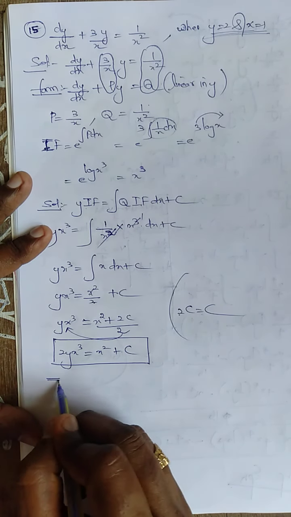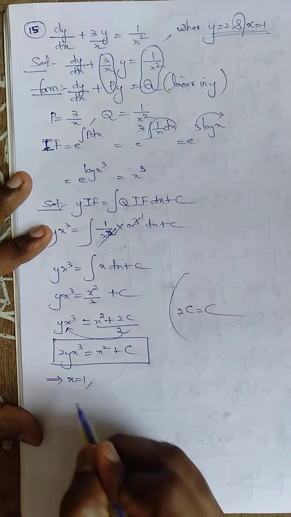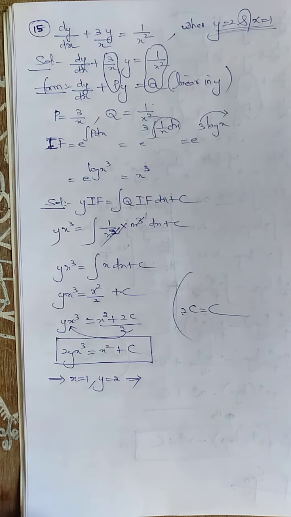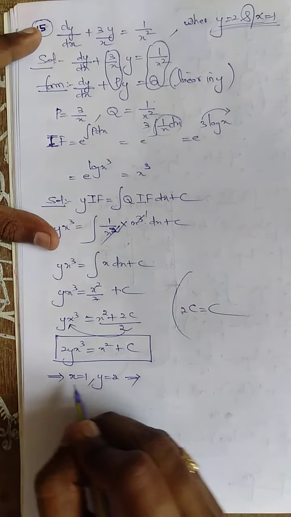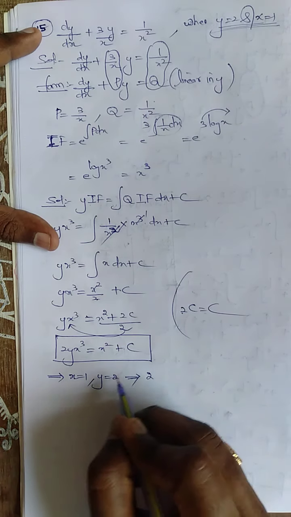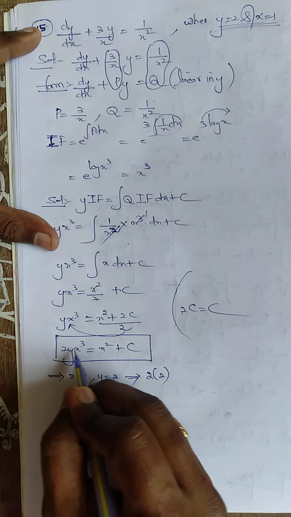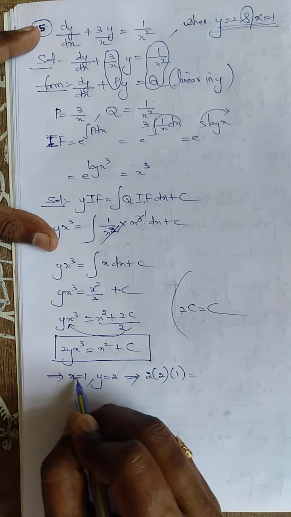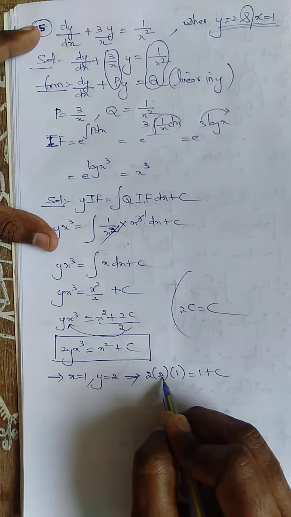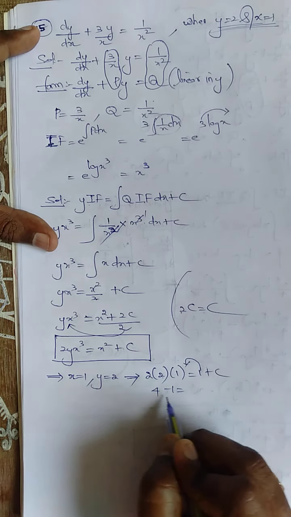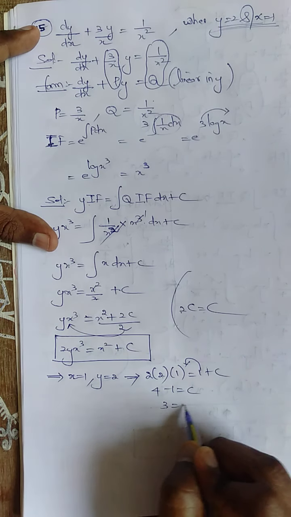We get 2 into y, which is 2, 1 the whole cube is 1, x square 1, plus c. 2 twos are 4, 1 moves this side, 4 minus 1 is equal to c, so 3 is equal to c.